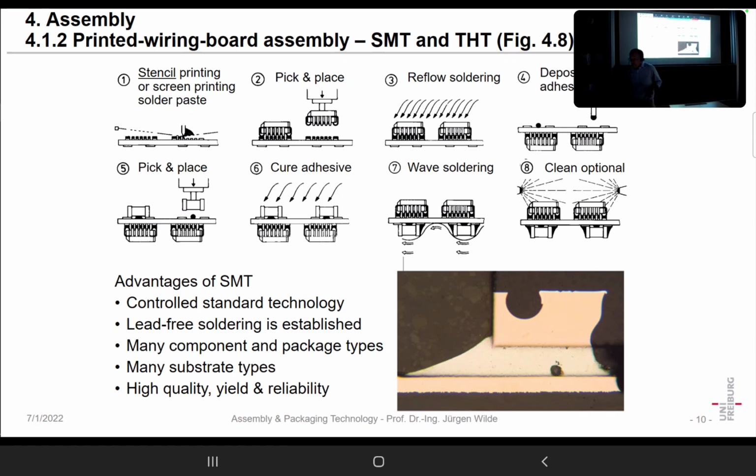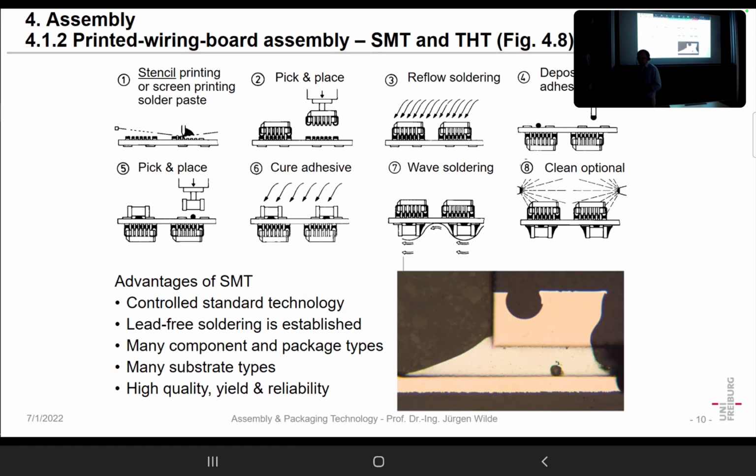But there's also another process, so-called wave soldering. Here, after the first soldering, we deposit some dots of an adhesive, but that's only an auxiliary material. On the adhesive, we put the devices. In most cases, it's just small devices like ceramic capacitors or small resistors or diodes.